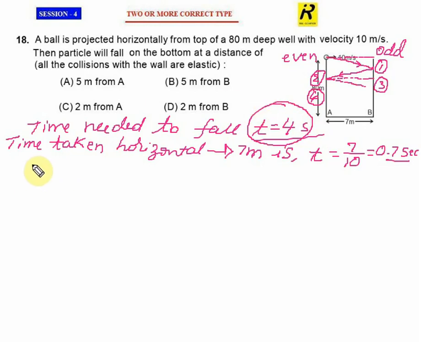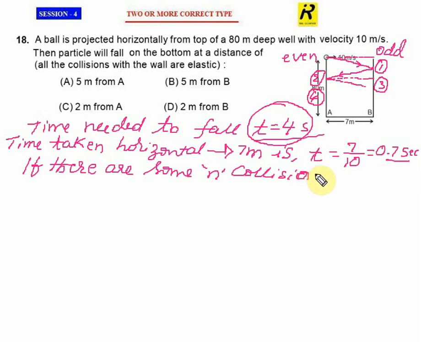So if there are some n collisions, then the maximum time is 4 seconds, which equals n, the number of collisions, into 0.7.